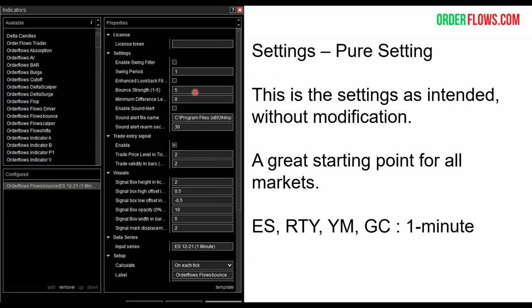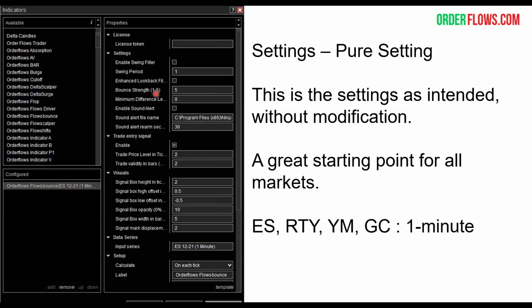5 being the strongest, 1 being the weakest, okay? Now when I say pure setting, the way I used to always look at this is basically with a setting of 5, right? And until we were able to put it into a software program, I never really looked at these lower levels, because I would look for the most obvious, which was basically the strongest. But then as we were able to program it, I said, well, what if I'm looking at sort of a weaker level, because again, every market trades slightly different, even though generally they're the same.